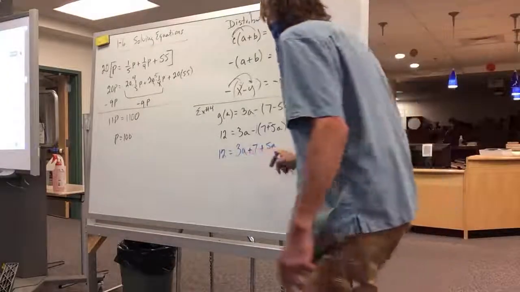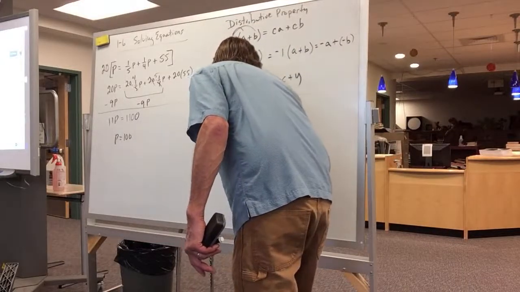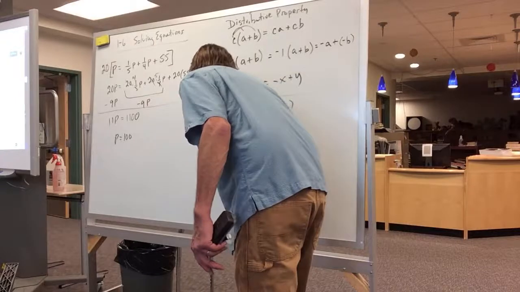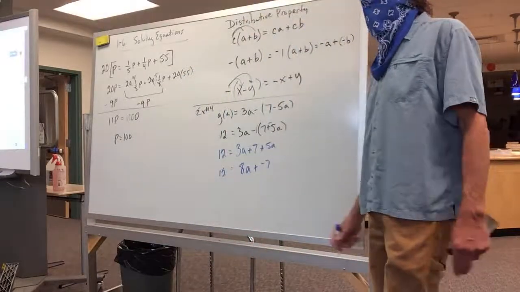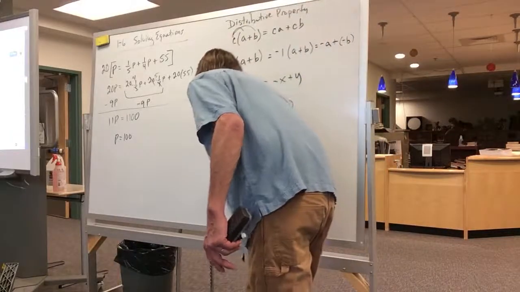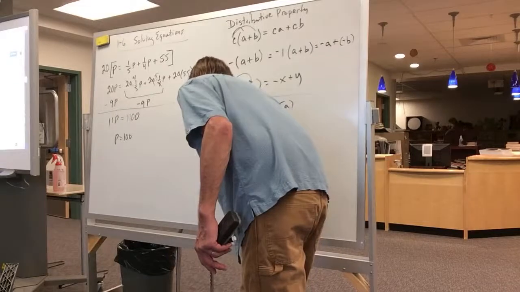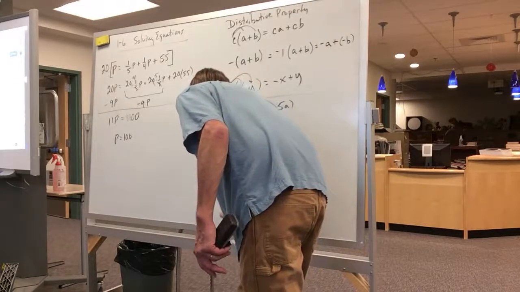So there's 3a and 5a, which is 8a, plus a negative 7. And then we can cancel out the negative 7 by adding 7. Now we have 19 is 8a. Do the division.